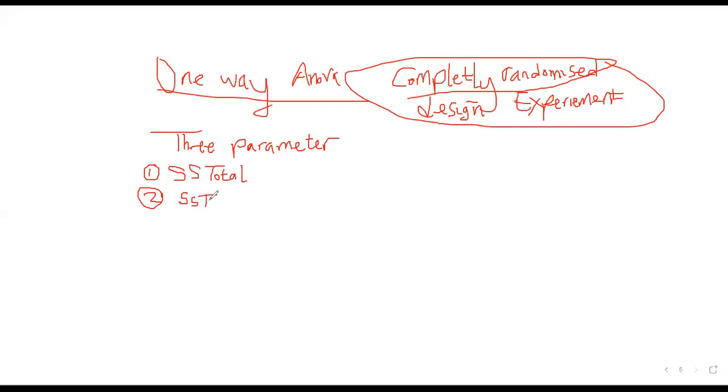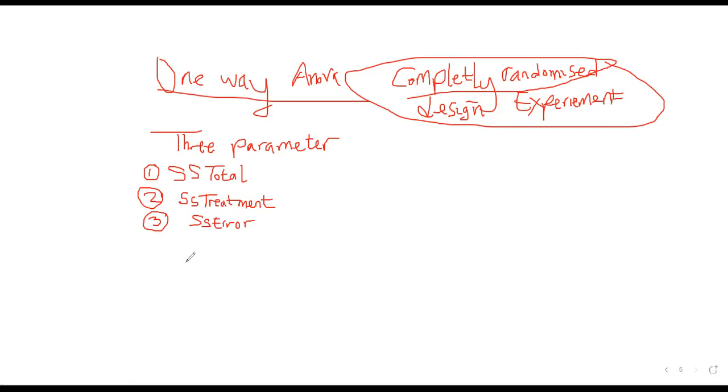And then the other one is sum of square of error. So this is the third component in one-way ANOVA. This is what we need to know.